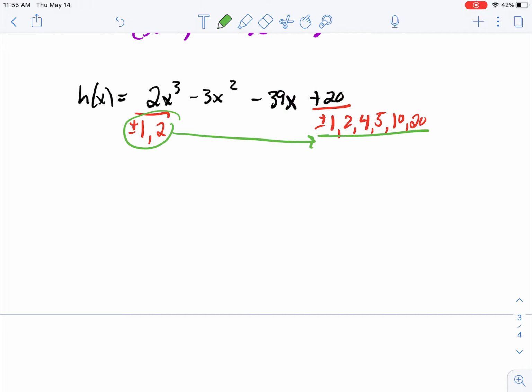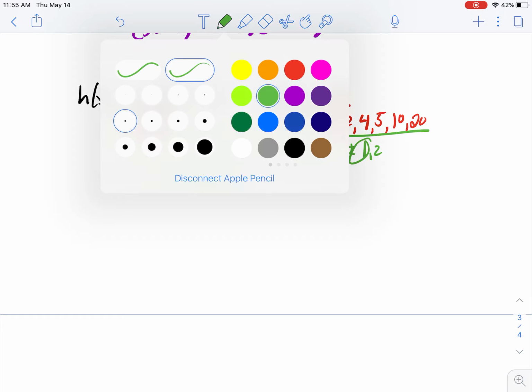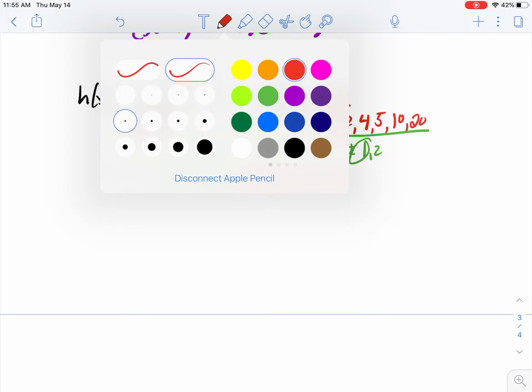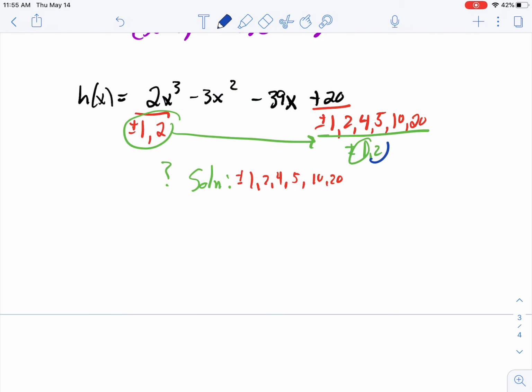Now what I have to do though is I have to bring these over and divide out plus and minus 1 and 2. All right, so here's my possible solutions. These are possible. So anytime we divide by 1, that's not going to change anything. So I would basically have plus and minus 1, 2, 4, 5, 10, and 20.